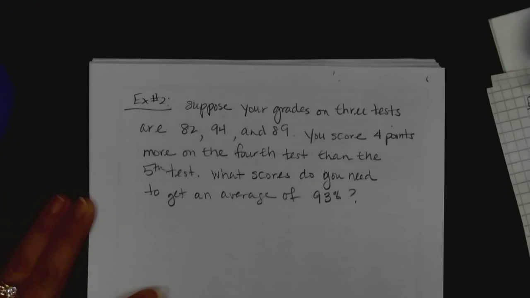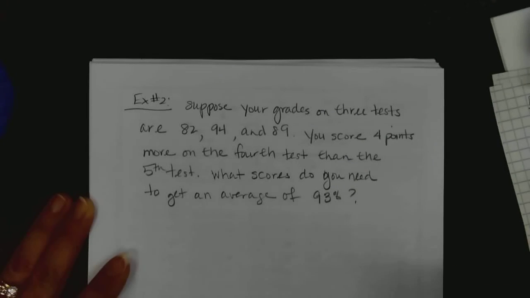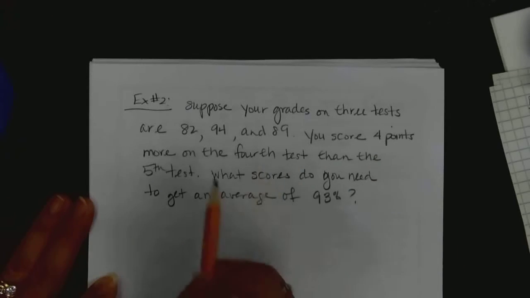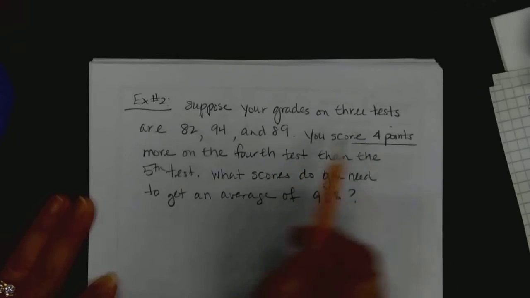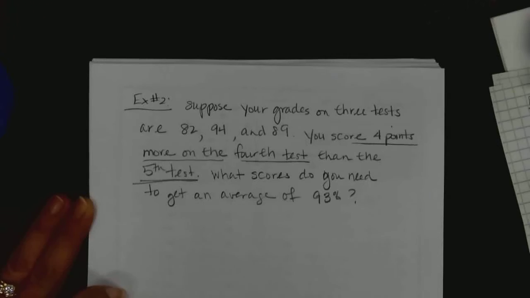And don't say trial and error. So you're going to have to write an equation, and then solve. I'm going to walk you through this. This is not as hard as you think it is. So be ready. Is everybody done writing? You score 4 points more on the 4th test than the 5th test, right?